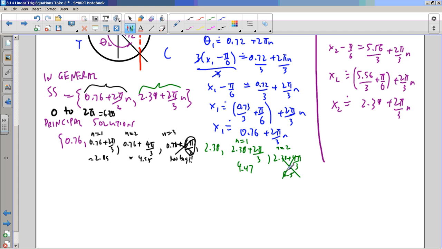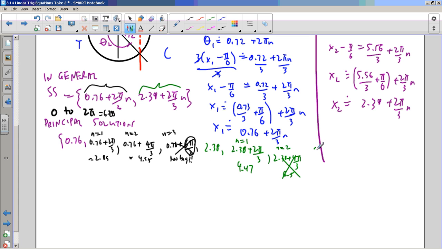This is too big. This kind of seems strange because there were 3 solutions for the first one, 1, 2, 3, but I've only got 2 solutions for the second one. Well, it's because this angle is already big. This angle is already obtuse.